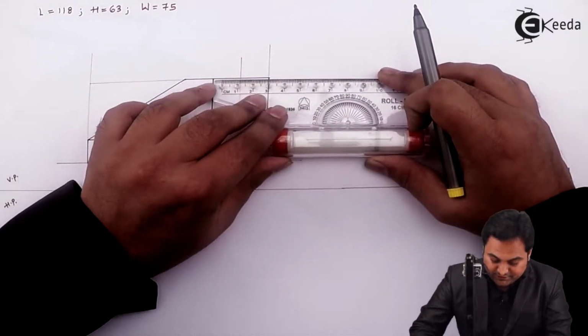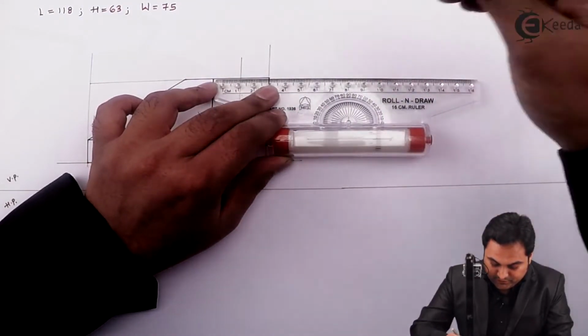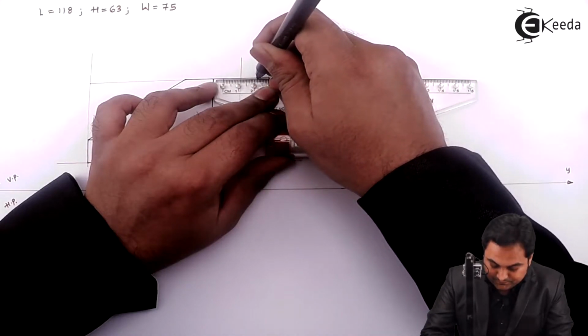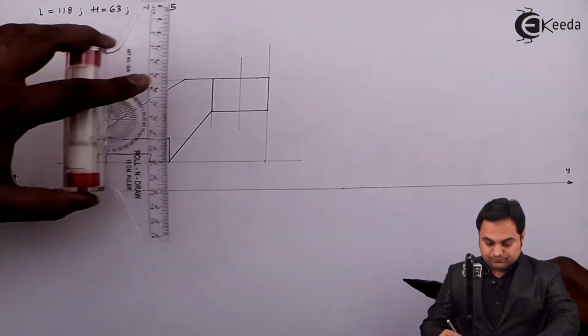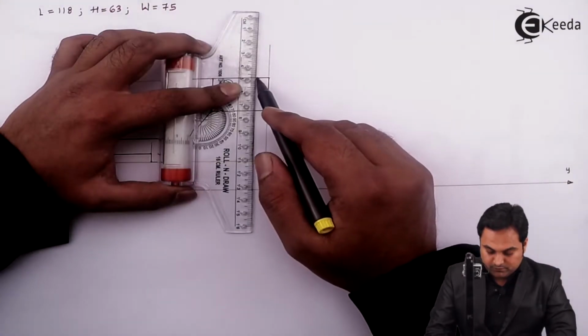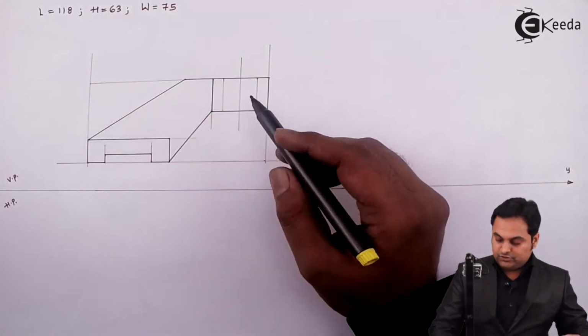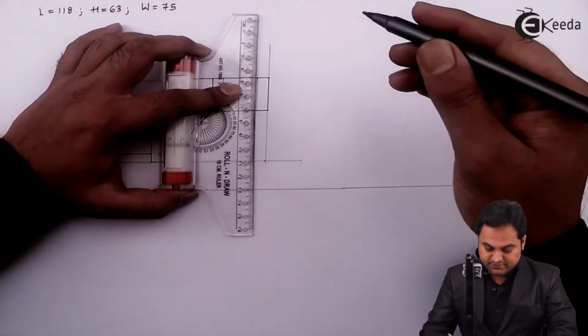So from this center, I'm marking 11 mm on one side, 11 mm on the other side. That gives me 22 mm as the diameter. Projecting light lines. Now this should be the hidden circle inside the cylinder.